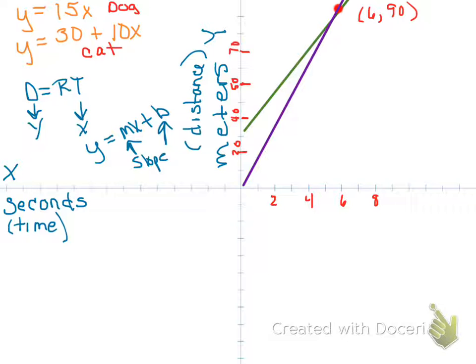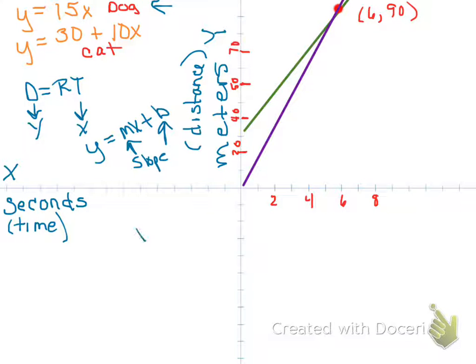So if we look at the first equation up here of the dog, we know that b is 0 because it's not in there, but that it is set up as the standard form. So we can assume b is 0.